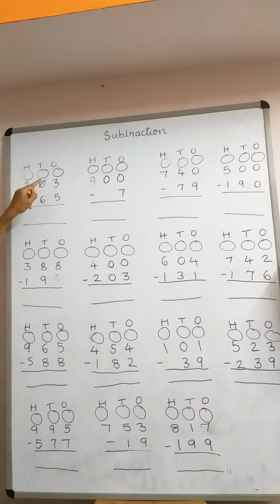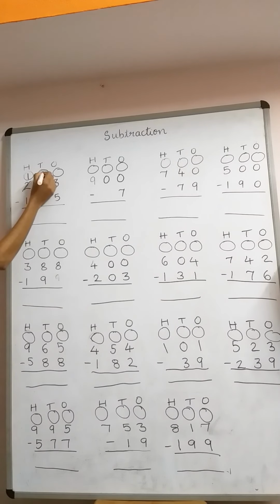Remember, if there is a 0 where you want to borrow 1 to the ones place, you need to strike it out and go to which place? The hundreds place. Here you can see there is a number 2. Right here, the number before 2, that is 1.